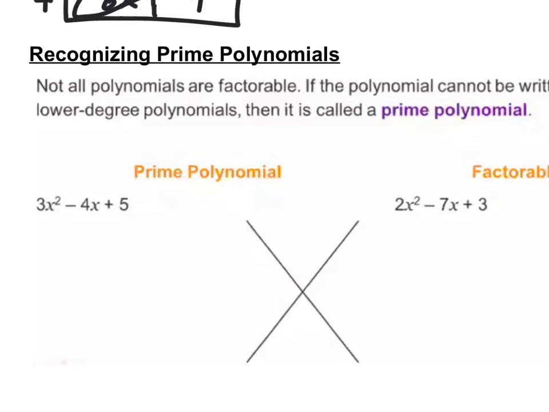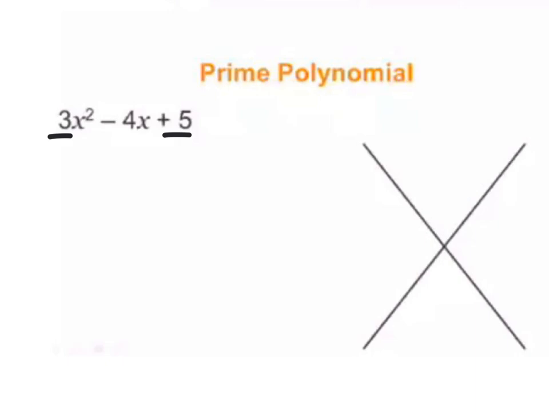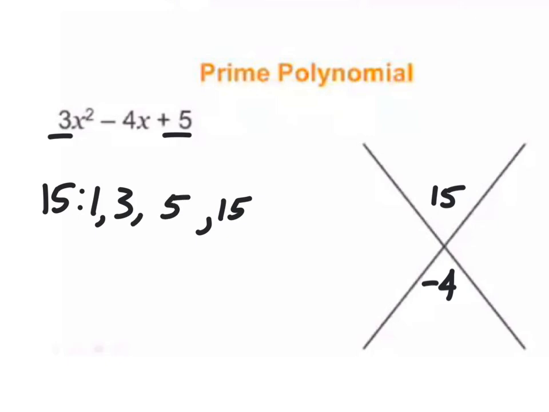So let's do the x method on this, and let's take 3 times 5, which gives me 15, and then put negative 4 down here. Now the question is, what two numbers multiply to 15, yet add to negative 4? Those two numbers would have to be negative. So think about the factors of 15. You've got 1 and 15, and then you've got 3 and 5.